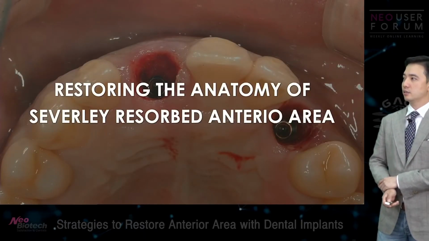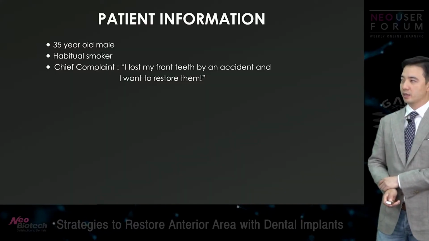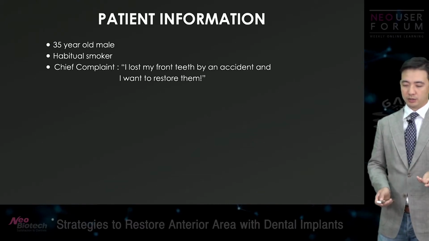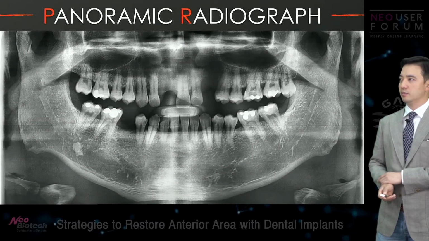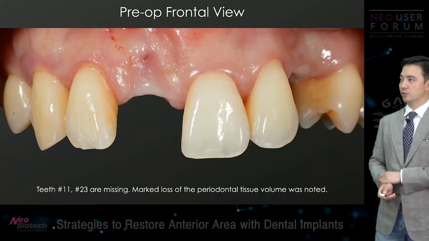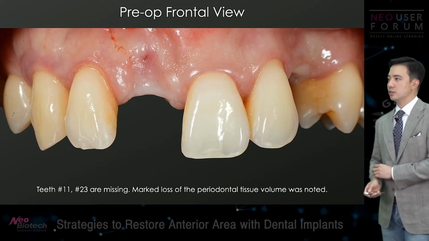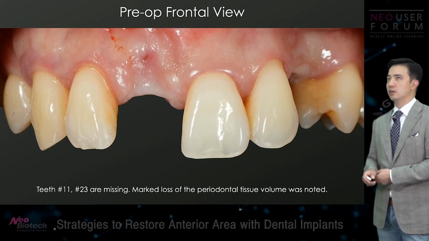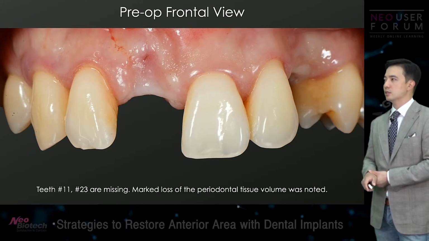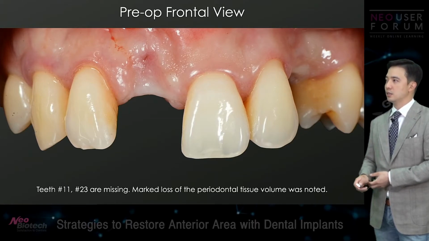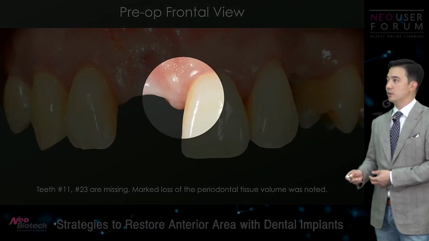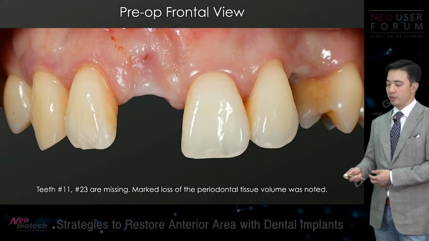Okay, so another case. Those cases that I showed you didn't have really marked bone resorption, but look at this case. Patient comes in, mid 30s, gentleman, he had some accident, and then he lost number 11 and 23.